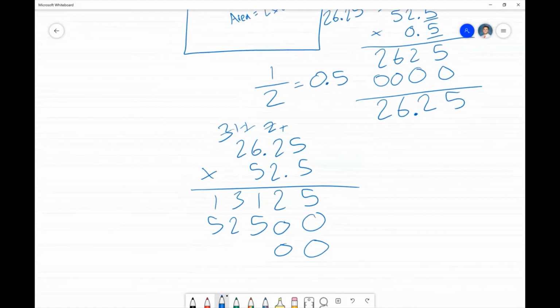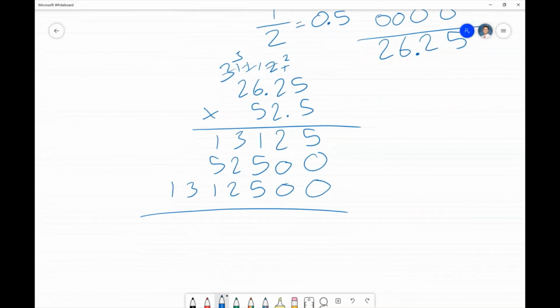Finally, we have 5 times 5 is 25. 5 times 2 is 10, plus 2 is 12. 5 times 6 is 30, plus 1 is 31. And 5 times 2 is 10, plus 3 is 13. So now we can add.